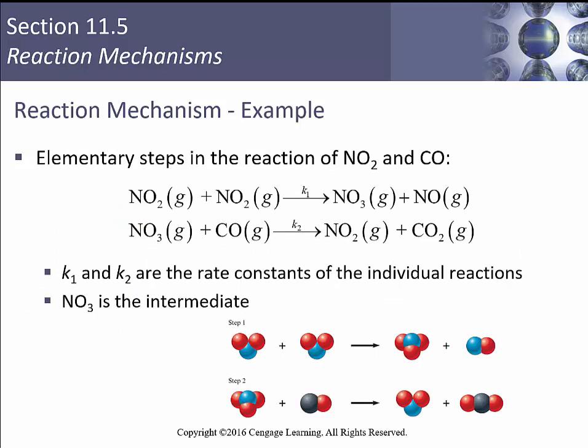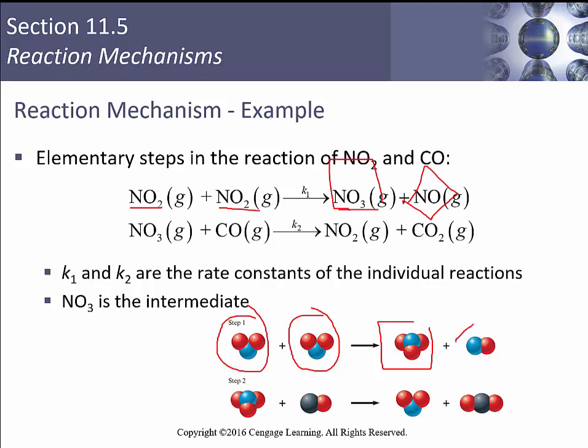So let's look at our example. We've got some elementary steps in the reaction between nitrogen dioxide and carbon monoxide. In step one, we take two nitrogen dioxides and put them together to form a nitrogen trioxide and a nitrogen monoxide.